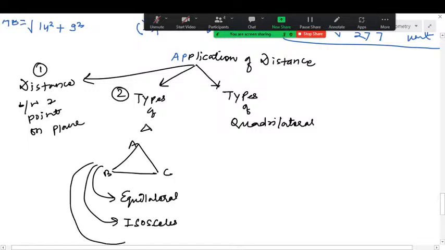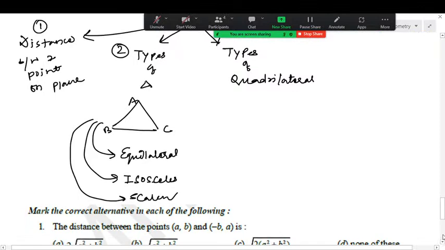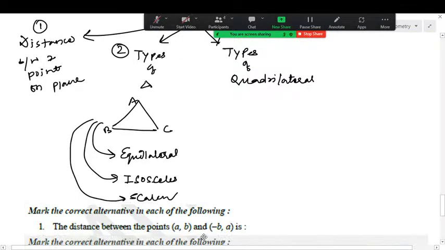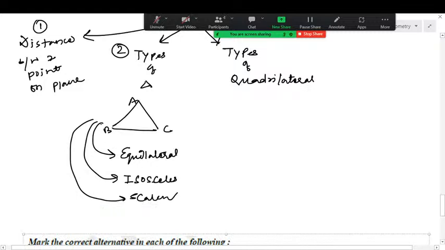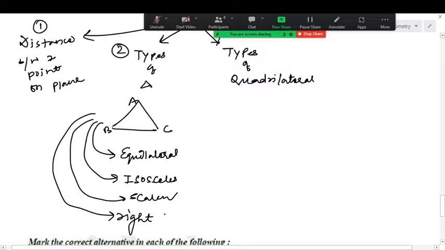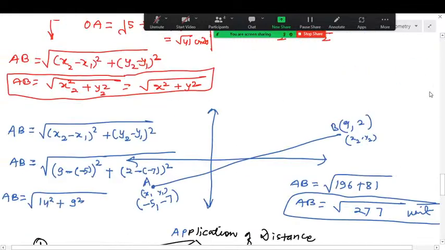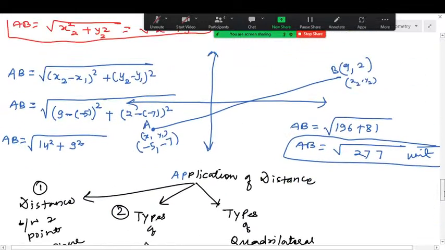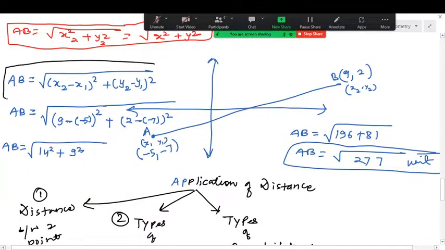It may have all sides different, then it is scalene. Or it may satisfy the Pythagoras theorem, then we call it a right angle triangle. These are four types of triangle that we can categorize or decide using the distance formula.